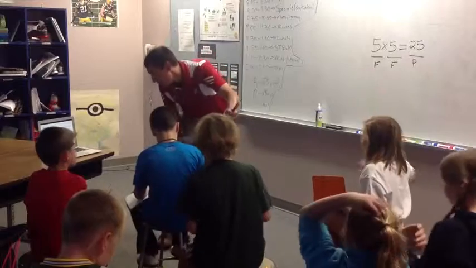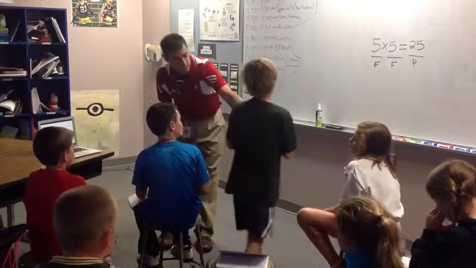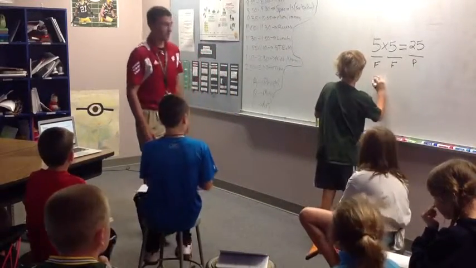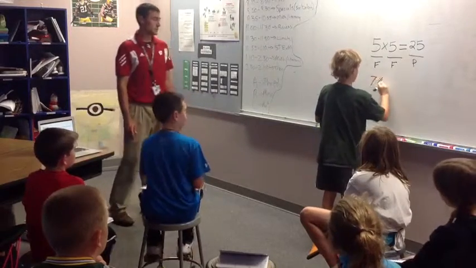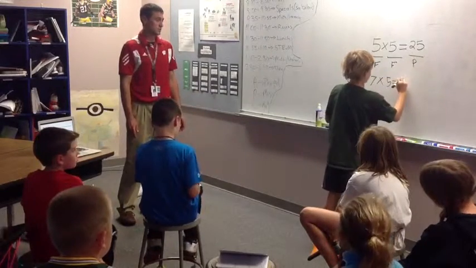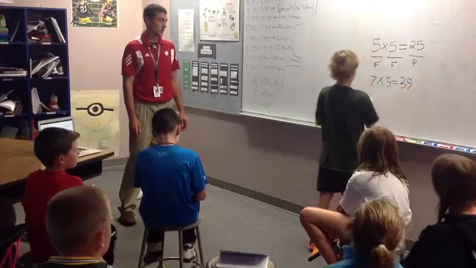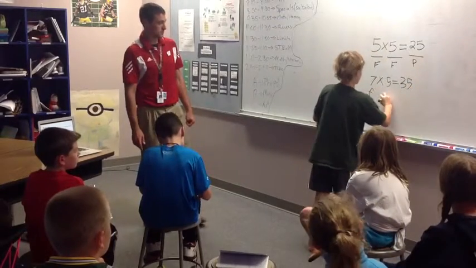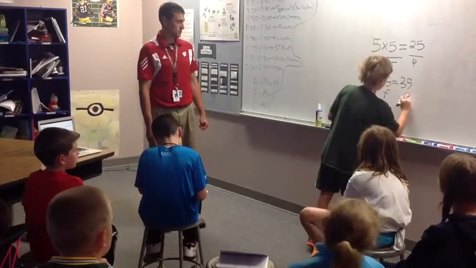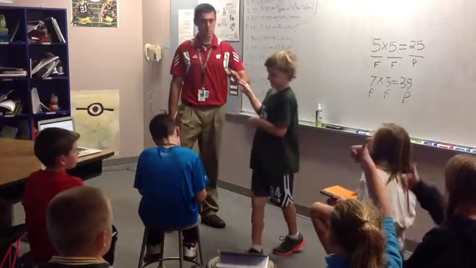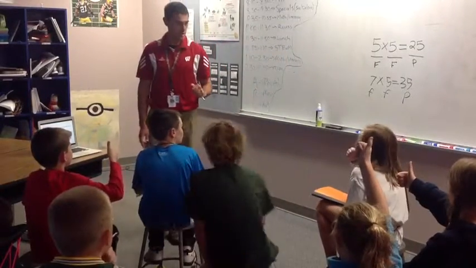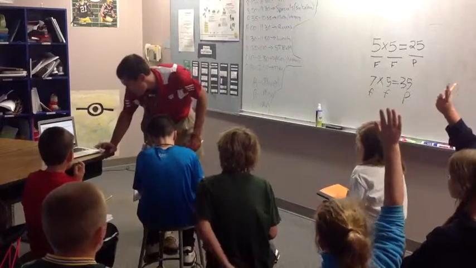Sam, come on up. Michelle has 7 boxes of crayons. Each box holds 5 crayons. How many crayons are there total? Okay, F's and P's. Thumb up, thumb down, thumb in the middle. Awesome. And the last one, there are 8 marbles in each box.